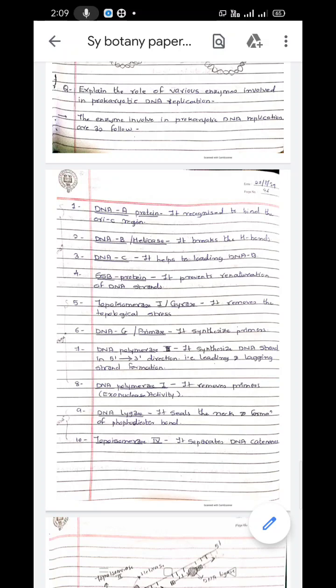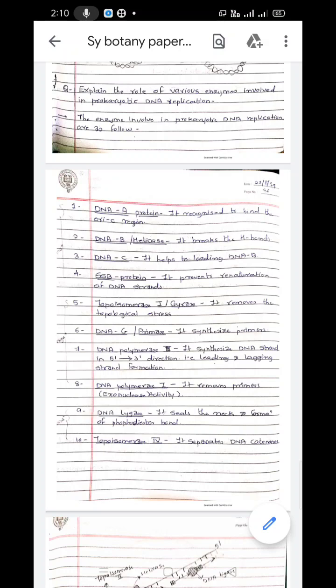Then the next enzyme used in this process is DNA polymerase 1. This DNA polymerase synthesizes DNA strands in the 5' to 3' direction, forming the leading and lagging strands.